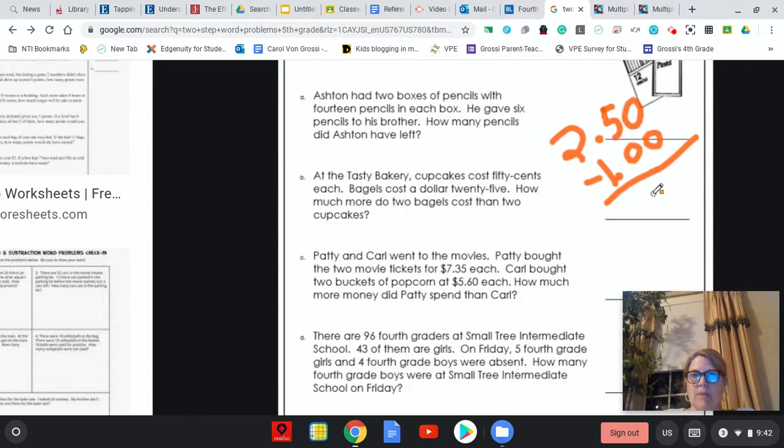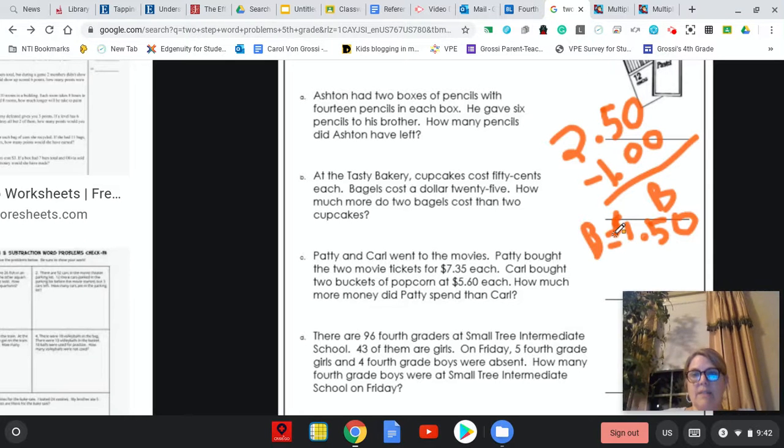How much more do bagels cost? Let's make it equals B. And when we solve it, B is going to be equal to $1.50. The difference between the total cost of 2 bagels and subtracting the cost of 2 cupcakes is going to be $1.50.